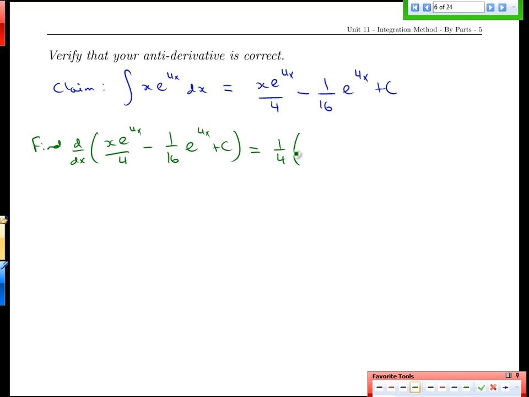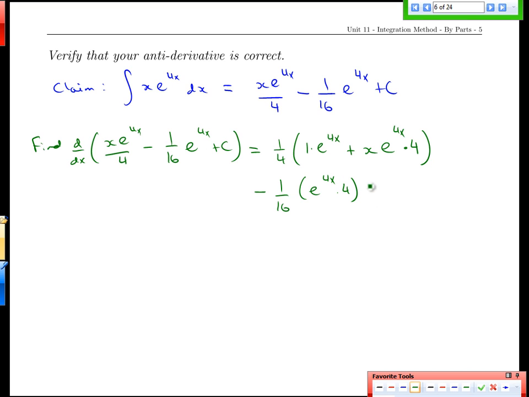We'll have 1/4. We'll bring that out front. The derivative of x is 1, and then e to the 4x is itself, plus x times the derivative of e to the 4x, and that's e to the 4x times 4, minus 1/16 times the derivative of the exponential, that's e to the 4x times 4.